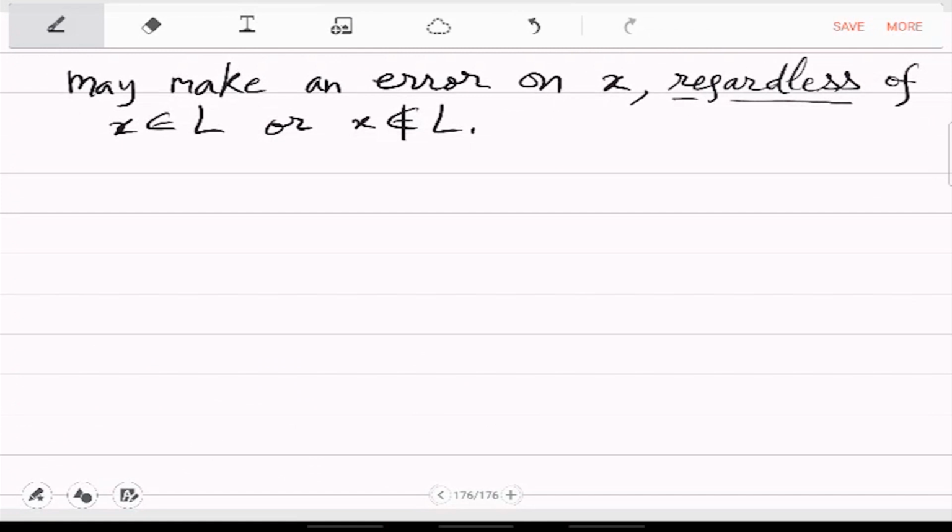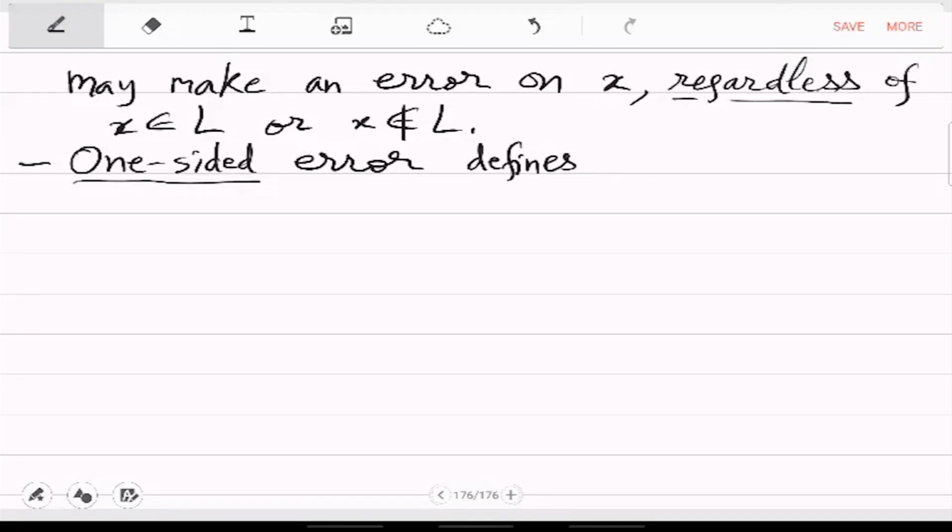What happens if we consider one-sided error, like we already saw in example algorithms? So one-sided error defines classes RP and co-RP. Let's define that formally.